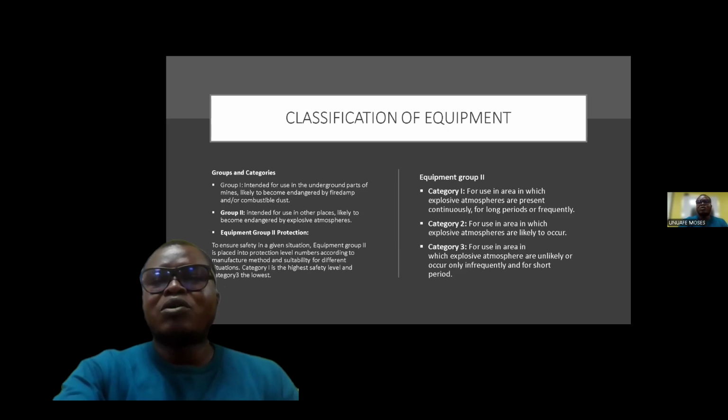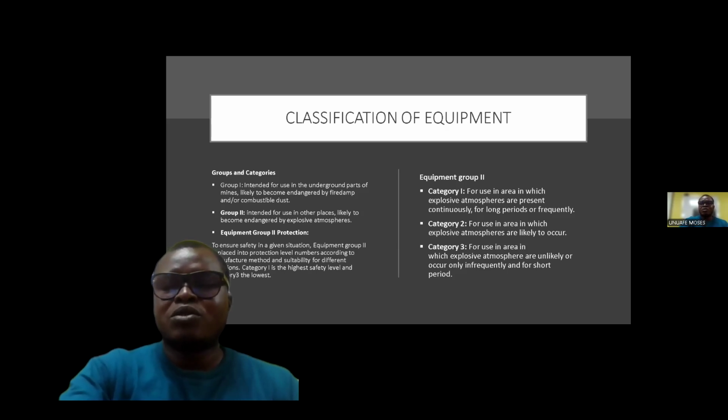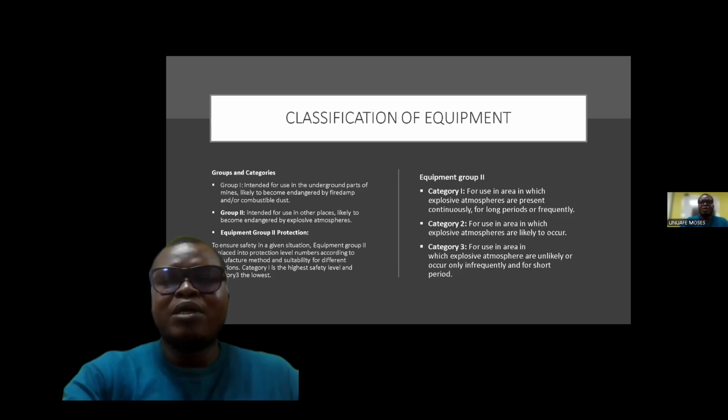This is to ensure the air conditioner is safe for use in an environment where explosive atmosphere is not expected during normal operation, but could occur briefly. So I want you to understand that in every installation, you have to prioritize and check the nameplate so as to be able to know.